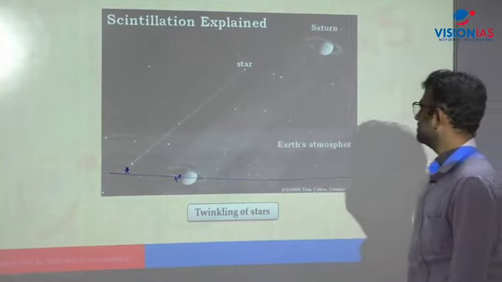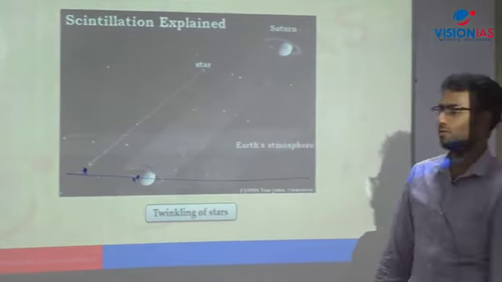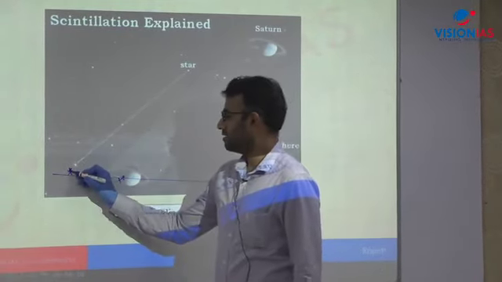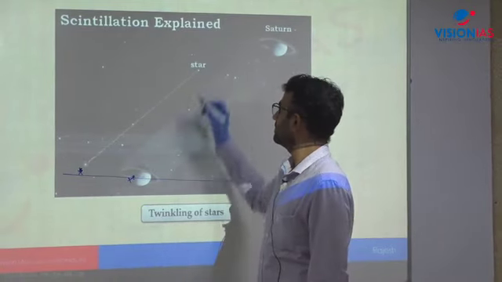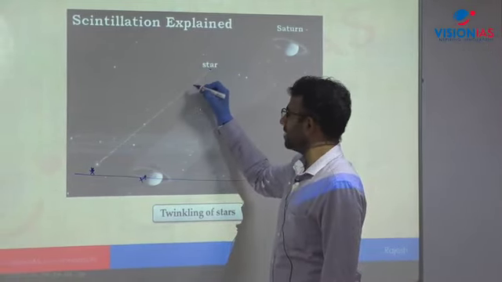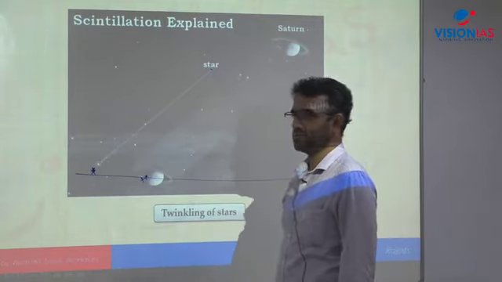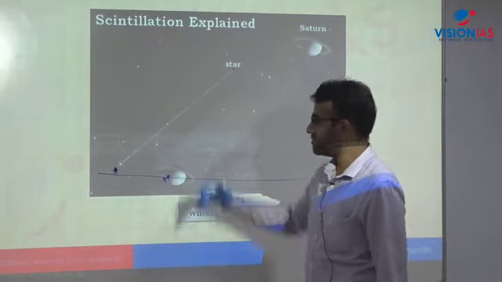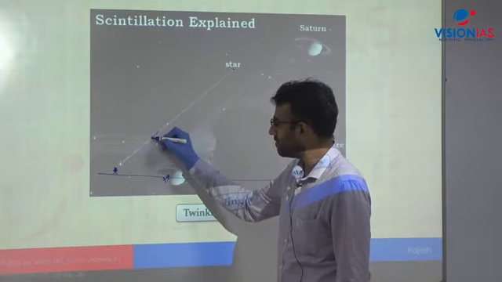No. Light is light, whether you are giving the reflected light or your own light, it doesn't make a difference. Let me explain. If you are viewing this star from the surface of Earth, the light coming from the star passes through different layers of the atmosphere. Atmosphere has different layers. When it is passing through different layers, it undergoes a bit of scattering.